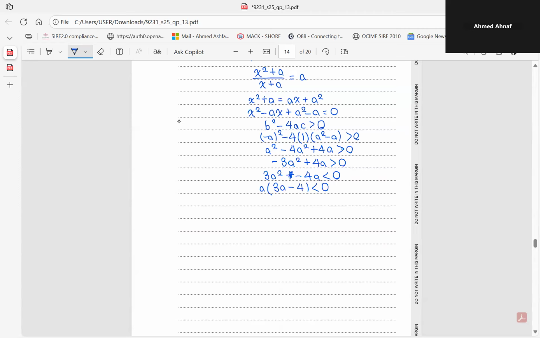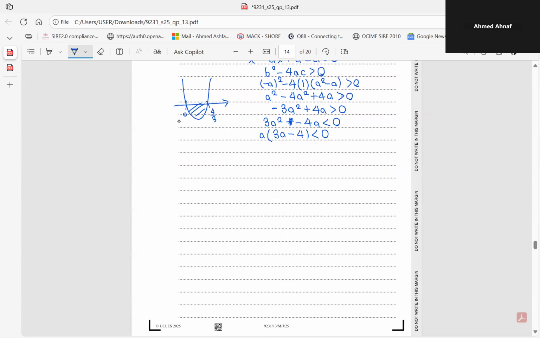So let's sketch the curve in terms of the function of a. So this is less than 0. So this is going to be a equals to 0, and b equals to 4 over 3. So hence, a is between 0 and 4 over 3.